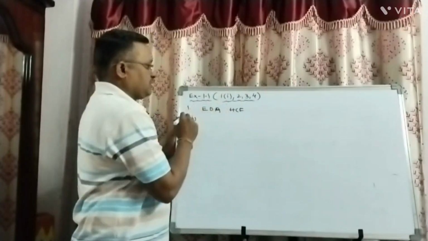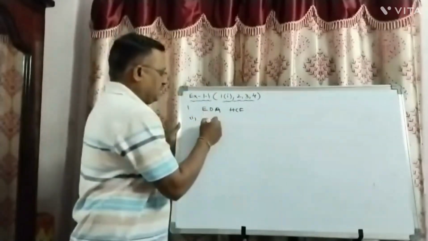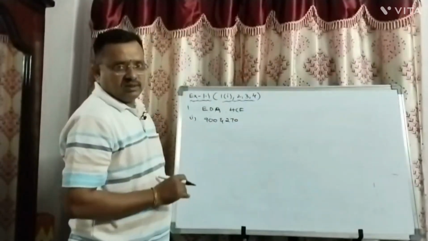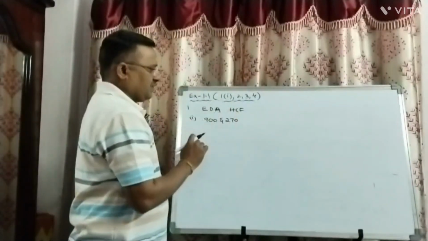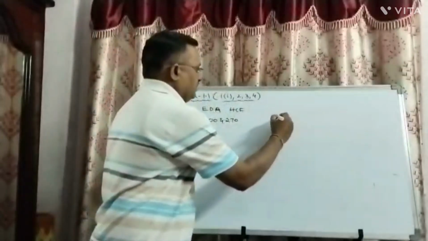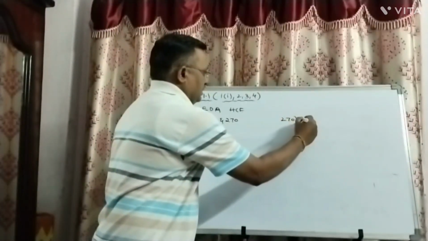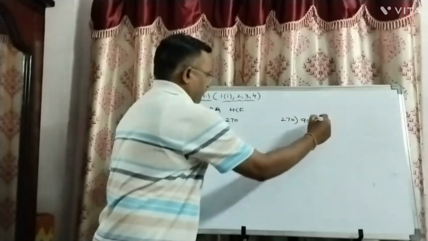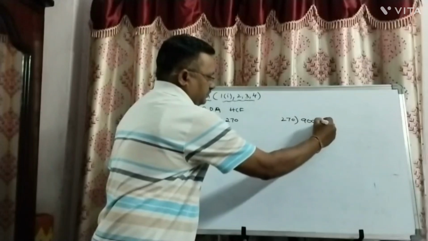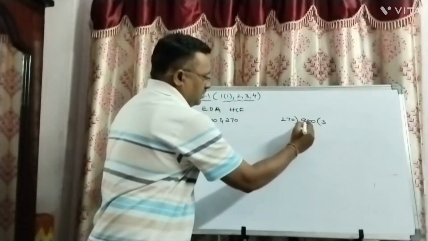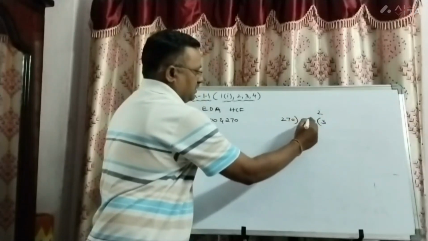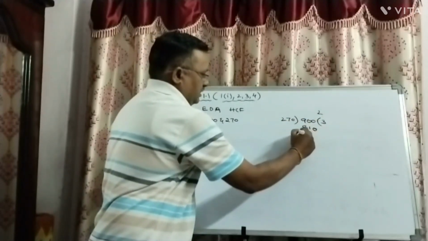The first problem is given as 900 and 270, the two positive integers. How to find out the HCF? It is an already known process. Take the long division, 270 is the divisor dividing 900. 270 times 3 is 810.